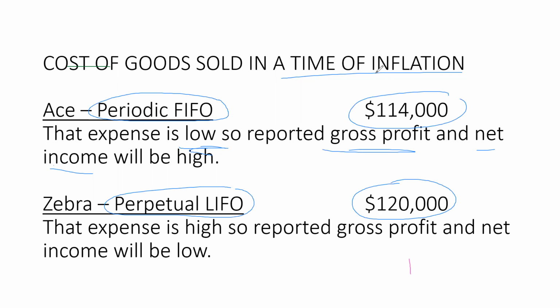In perpetual LIFO, the expense tends to be high if you have inflation, so gross profit and net income will be lower. That's an effect that people simply understand. FIFO, again, if it's inflation, will give you a higher net income, and LIFO will give you a little bit lower net income. There's no difference in the companies. They simply look different. That's what we want you to know.